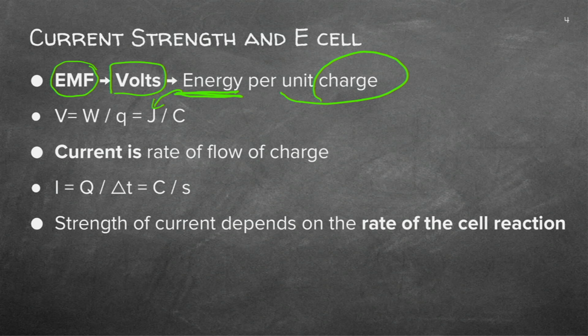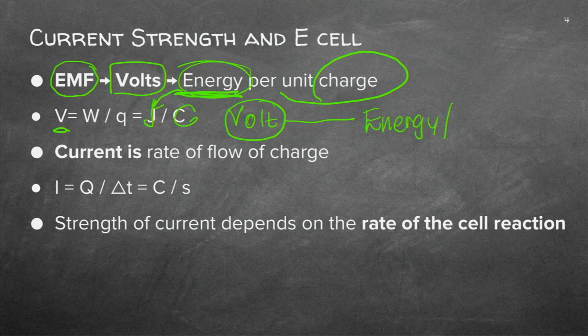So it's important that I've got energy transfer. So a volt is a joule per coulomb. You know that. And we can express that as a volt or the potential difference. That's important that you know. Volts is energy per electron or charge.